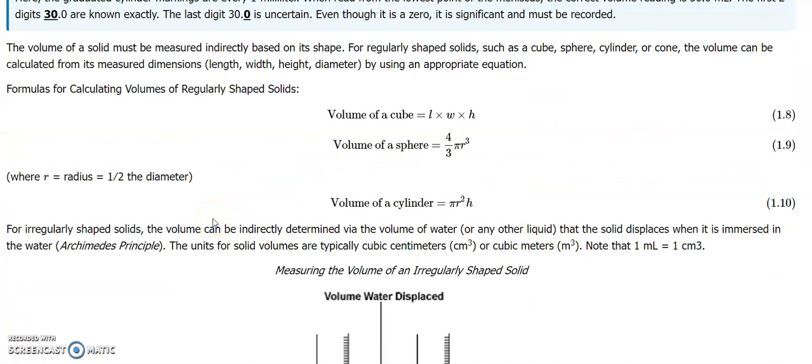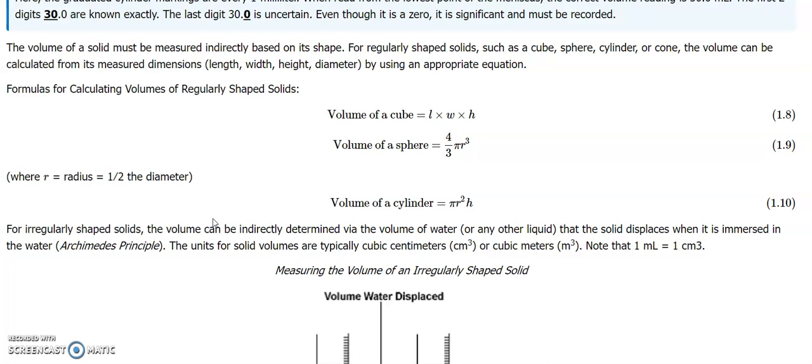The volume of a solid must be measured indirectly based on its shape. For regularly shaped solids such as a cube, sphere, cylinder, or cone, the volume can be calculated from its measured dimensions, length, width, height, diameter, by using the appropriate equation.